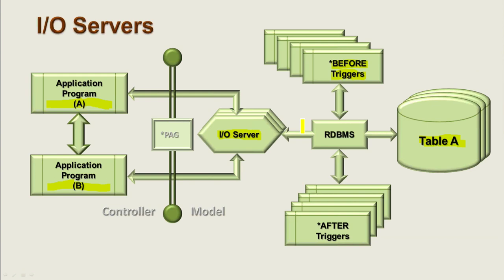Now, in the case where I/O servers are handling the I/O to the database, the I/O server is a program. It adopts owner authority. The owner of the I/O server is the same person who owns the table. And the table says public exclude.